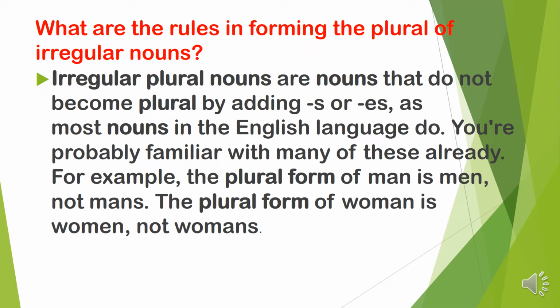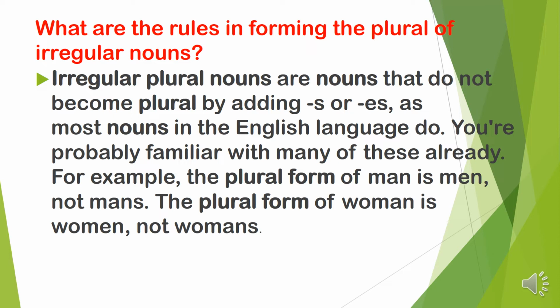Your answer is absolutely incorrect. Why? You did not follow the rules in forming the irregular form of nouns from singular to plural. The plural form of woman, class, is women, not womans. Why? Because the singular form of woman and the plural form, when it comes to irregular nouns, change their spelling entirely.